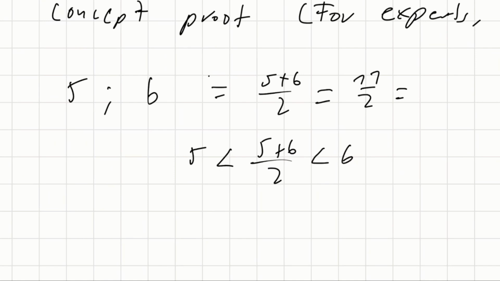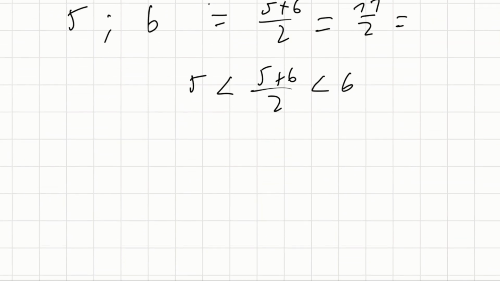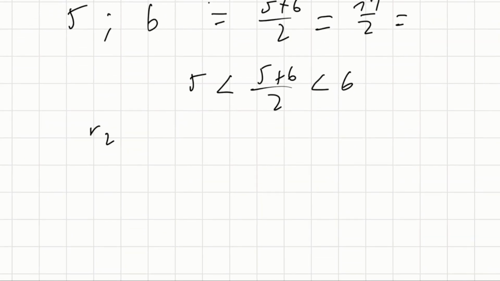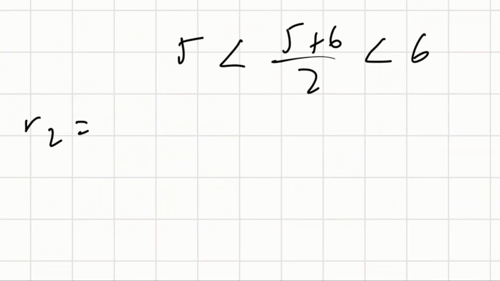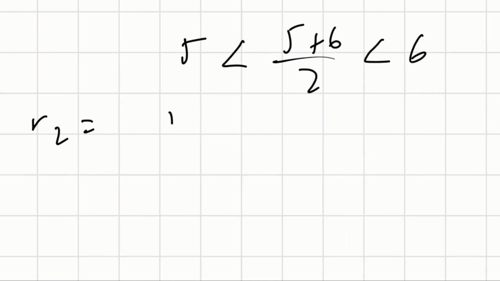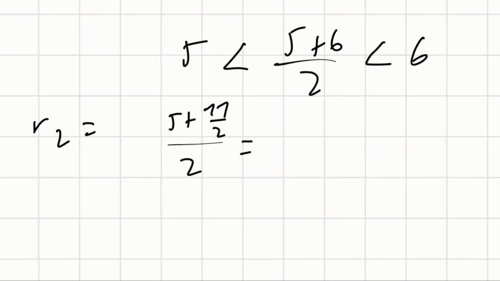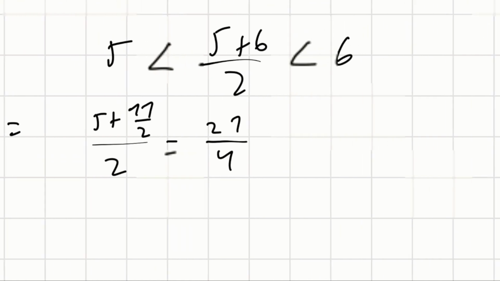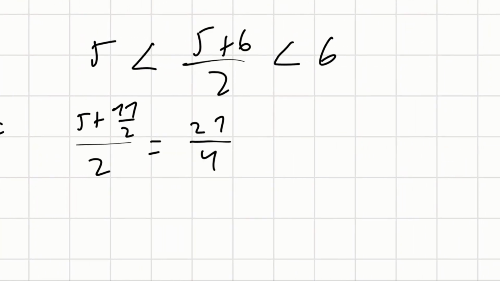So now the question is, are there still numbers? And yes, there are. For a second number, let's take this 11 divided by 2, add 5, and divide by 2, and this is equal to 21 over 4.